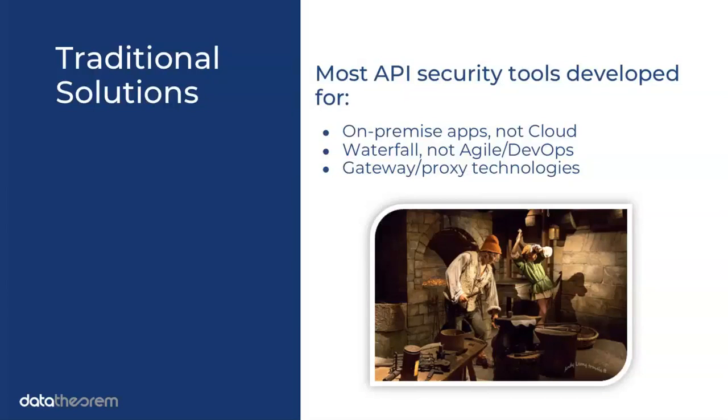Having gateway technology or proxy technology at the egress points of where your data could leave and go onto the internet. This is not built for the cloud. It wasn't built for the speed of Agile and DevOps. And so many of the traditional approaches have caused some of the problems here.